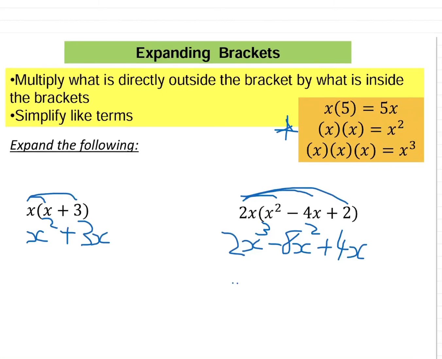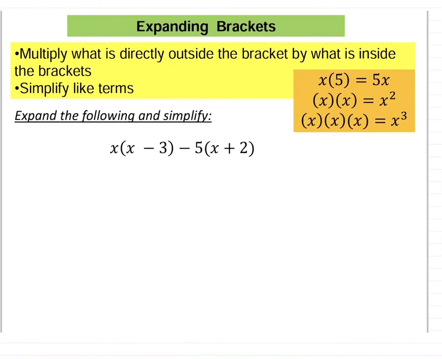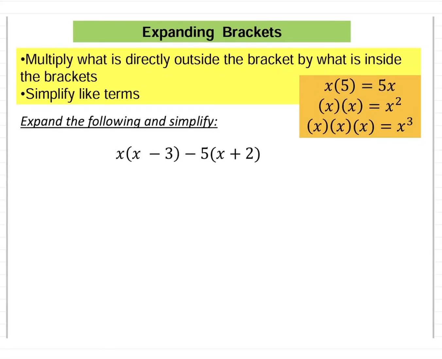So let's have a look at some more examples. So in this one, we need to expand the brackets and then also simplify. So let's do the one on the left first. So x times x, that is x squared. x times minus 3, we have minus 3x.